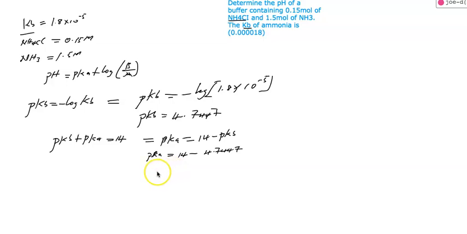Yeah, that comes to pKa to be 9.255. Okay, that will be our pKa. So now we know our pKa. We can go back into our original equation and plug the figures in.